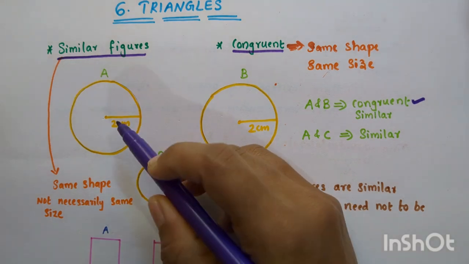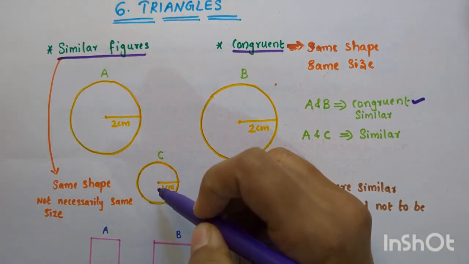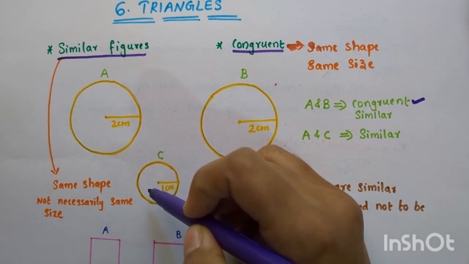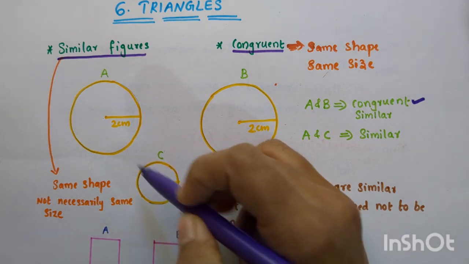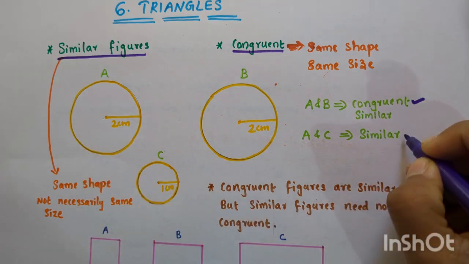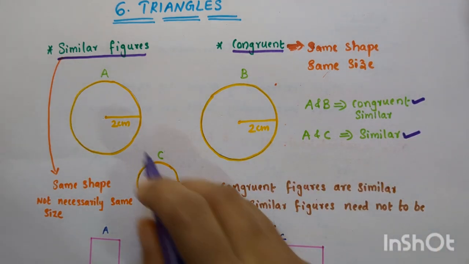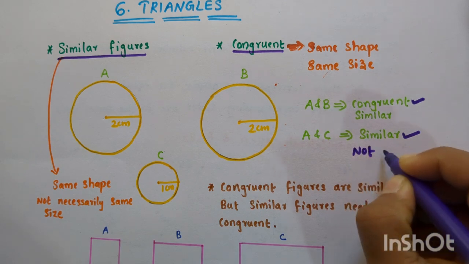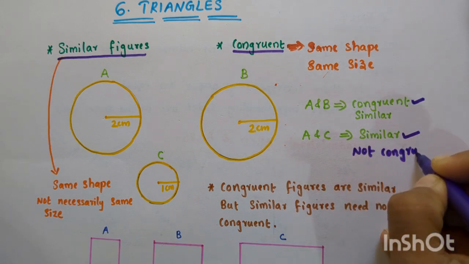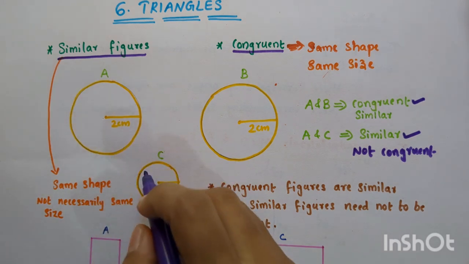These two are circles, so they have the same shape, but their sizes are different. So circles A and C are similar, not congruent.